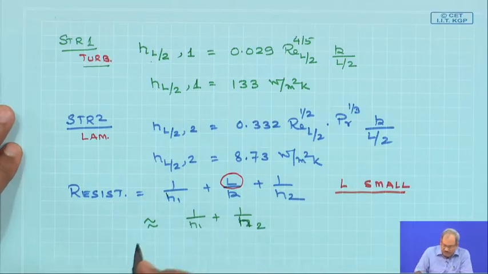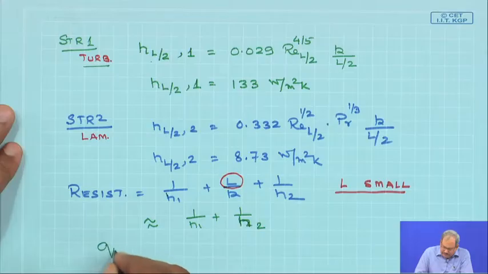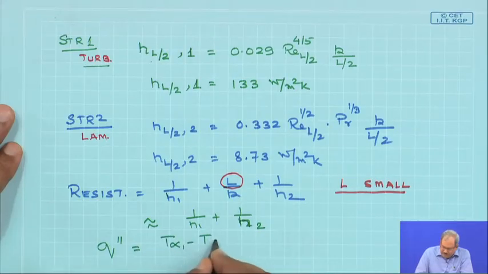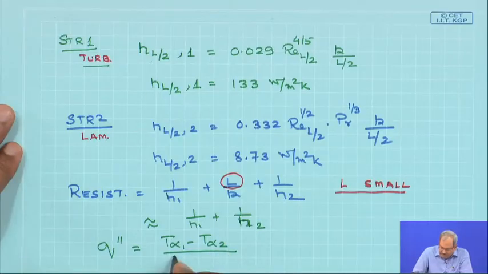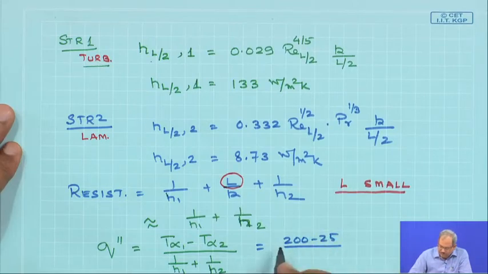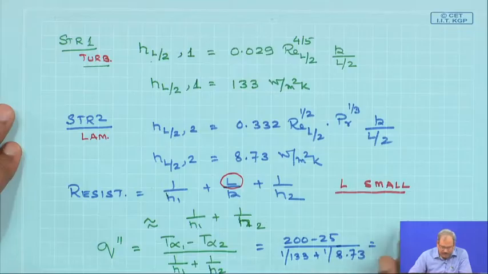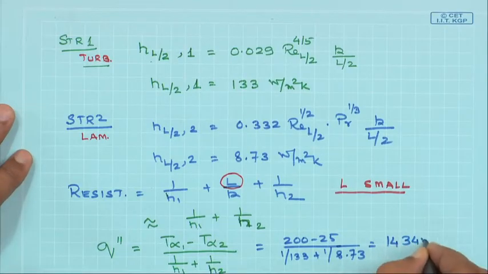So, this is the formula for the total heat transfer resistance, and the heat flux between the two streams separated by the solid plate would simply be T infinity 1 minus T infinity 2 divided by the sum of resistances, which is 1 by H1 plus 1 by H2. When you plug in these numbers, they are 200 minus 25, over 1 by 133 plus 1 by 8.73, and the answer would be 1434 watt per meter square.